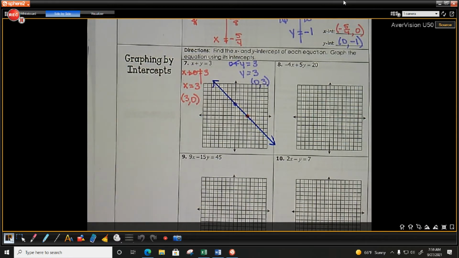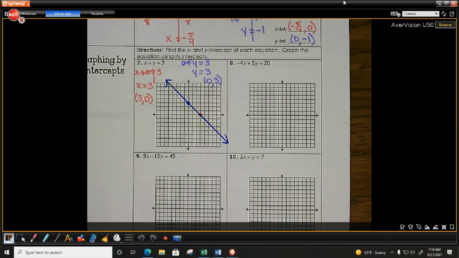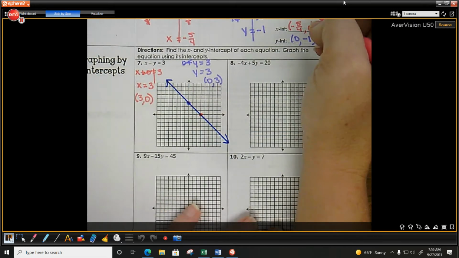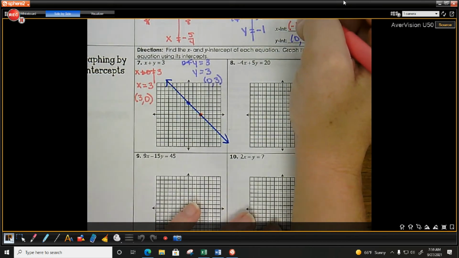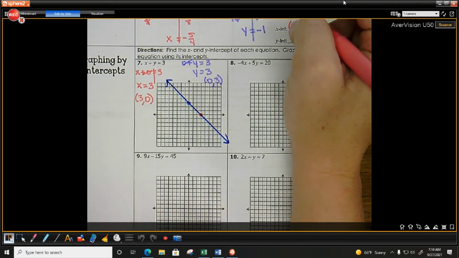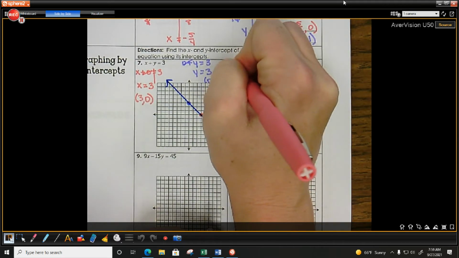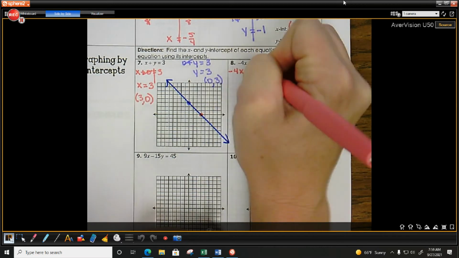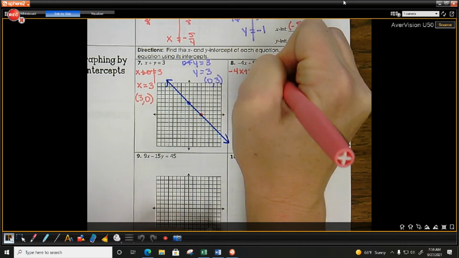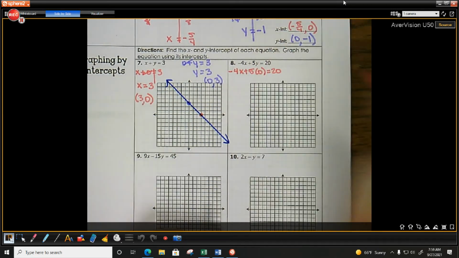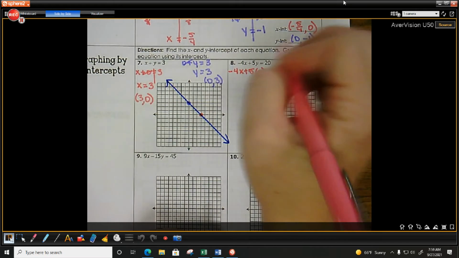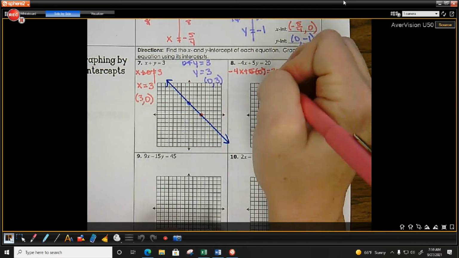Okay, let's look at number 8. I'm going to replace what? To find my x-intercept, I replace what? Y with 0, so I have negative 4x plus 5 times 0 equals 20. Well, do I need the 5 times 0? No. So how do I get x by itself?